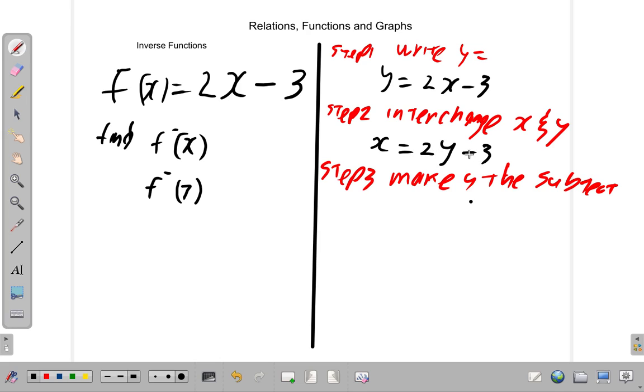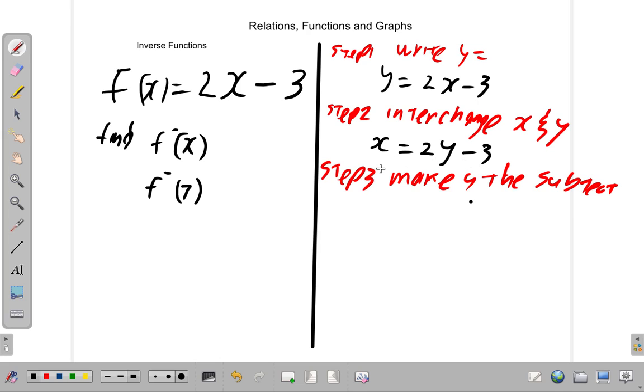Now we have to get rid of our minus 3 and get rid of our 2. It would make life a lot easier to get rid of the minus 3 first, and then get rid of the 2, so you have y alone when you're transposing. Here, if we have something minus 3 and we want to get rid of that minus 3, we add 3.